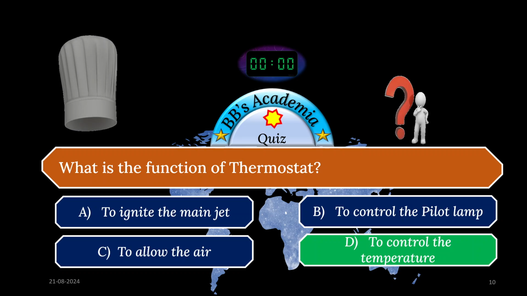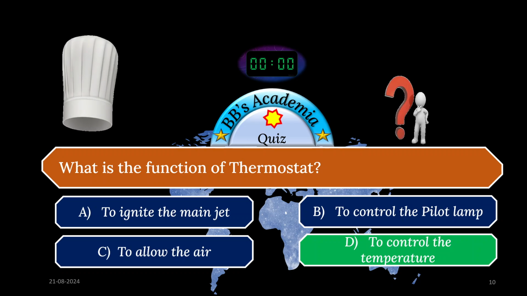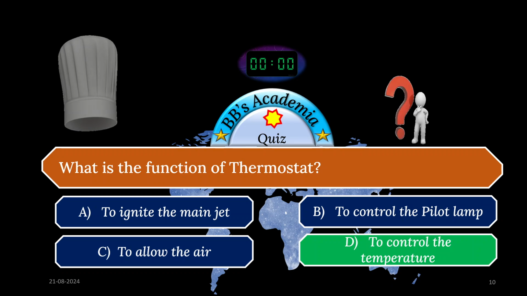Normally in our every household electronic goods, starting from refrigerator to geyser, you always get to see this thermostat control. Once it reaches the optimum desired temperature, it gets cut off, and again after a particular time it starts operating. So that is the way we can control the temperature through the thermostat control process.